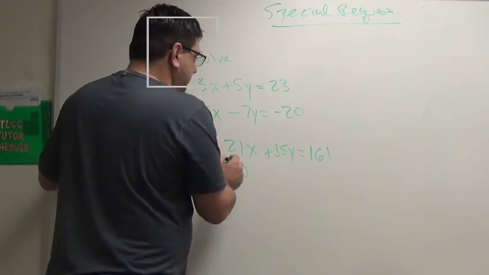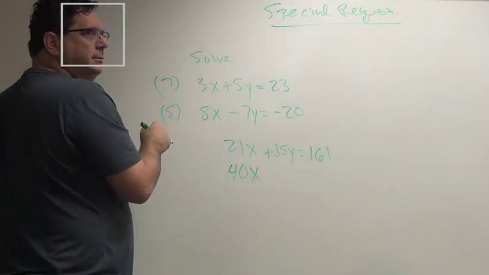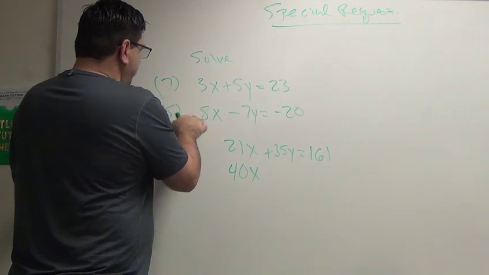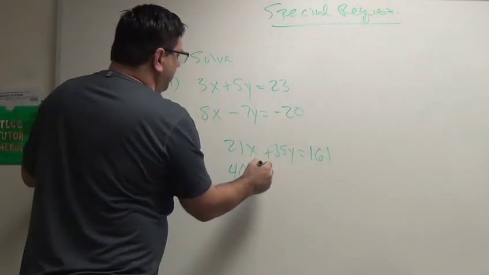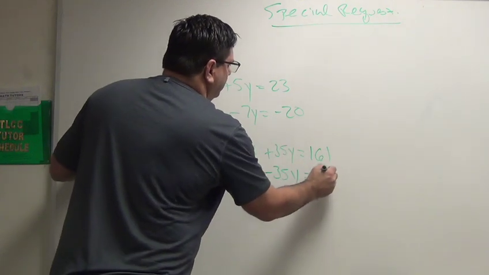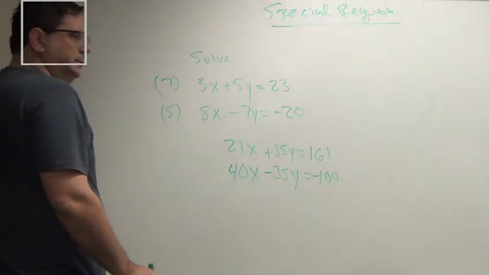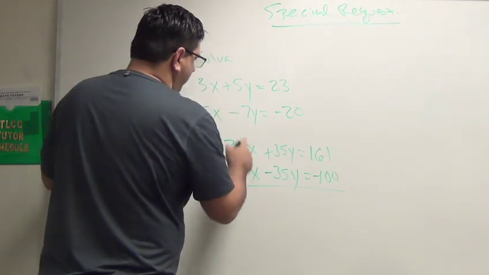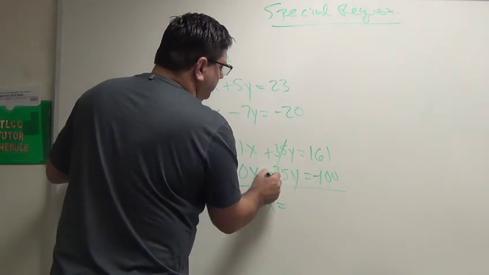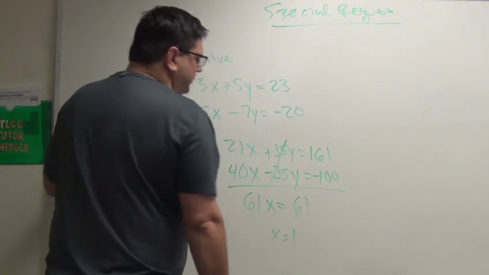I'm trying to be humble. 40x. Thanks, Brendan. 40x minus 35y equals negative 100. Do we agree? 61x equals 61, those cancel by design, and x is equal to 1.